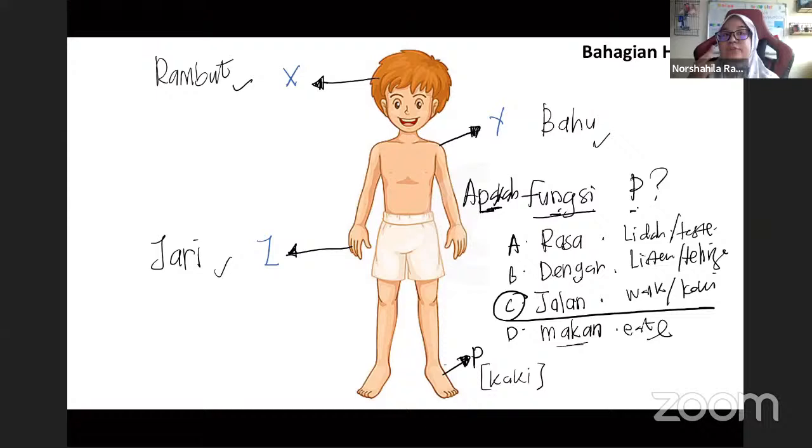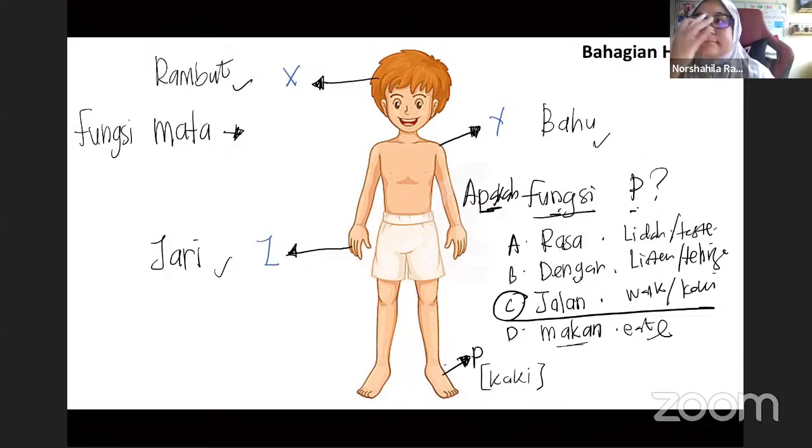So there are two types of question. Either they give the answer and you need to label based on it, or they ask you the function of certain things. Okay, I forgot to ask you what is the function of eyes. Fungsi mata. What is the mata for?